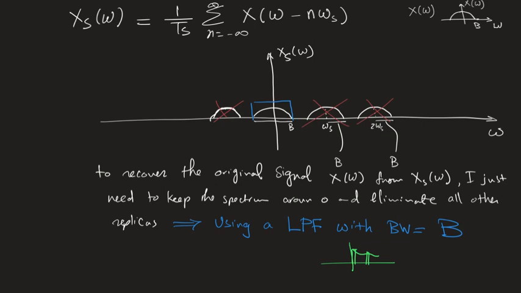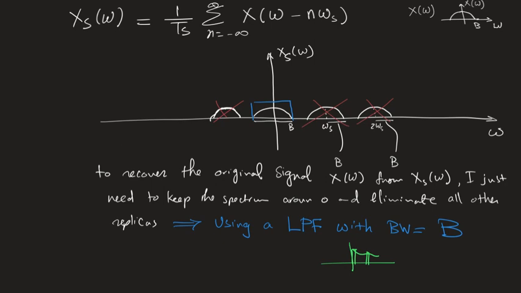If the value of omega s was too small, so if omega s occurred here, then this replica would have interfered with the one before it. This means that there are two spectrums added together, because that interference means that the two signals are added. And the shape of the resulting spectrum is not going to be the original shape anymore.